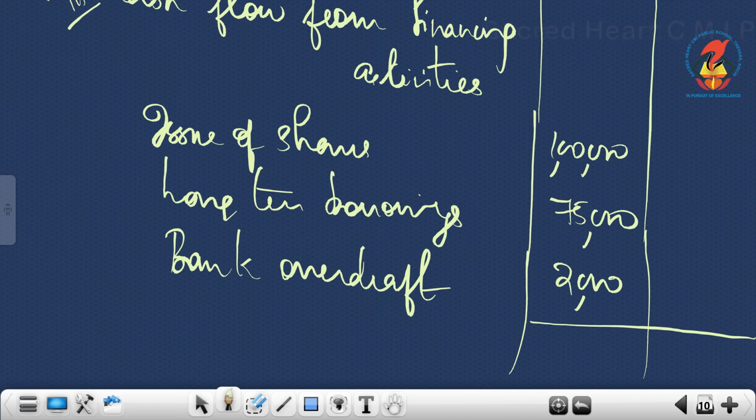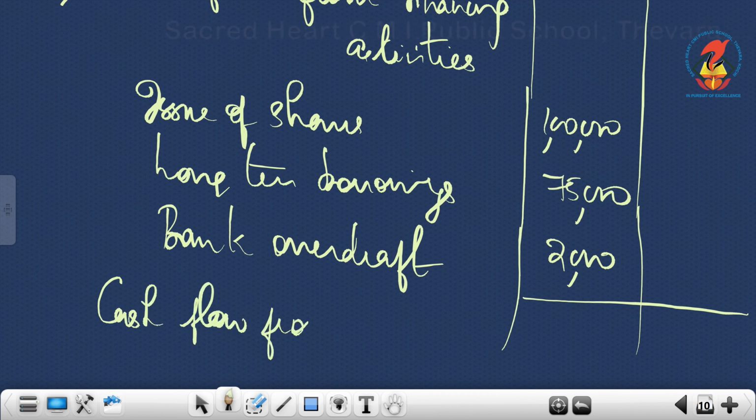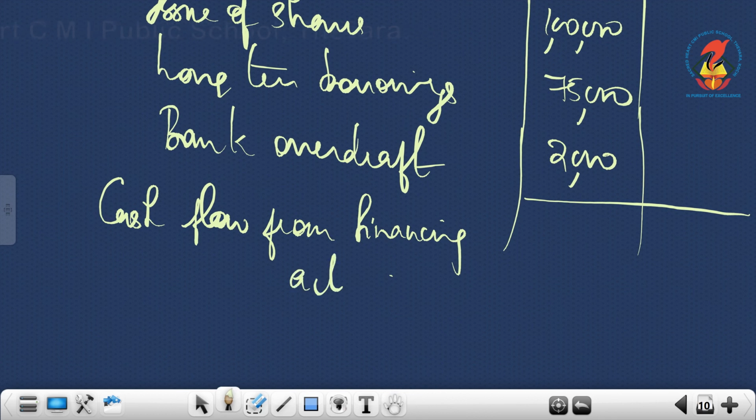This is your cash flow from financing activities. It is a positive figure, so it is cash flow from financing activities. So the amount is 1,77,000.